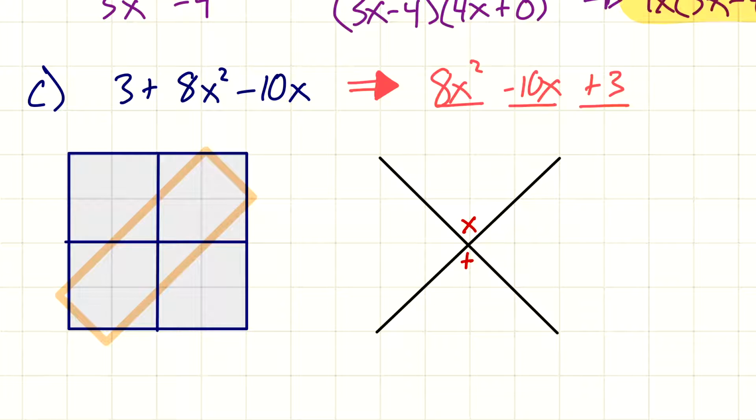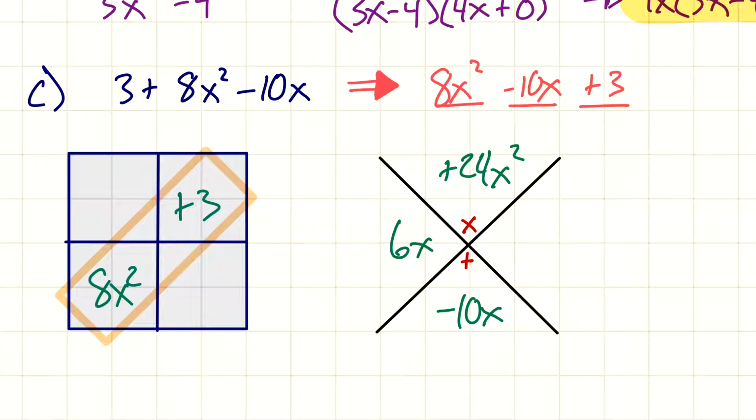Now I could use those in my area model. 8x squared, plus 3, negative 10x, positive 24x squared, and I'm looking for two numbers to give me 24. I know 6x and 4x give me 24, and 6 and 4 give me 10, but that gives me positive 10.